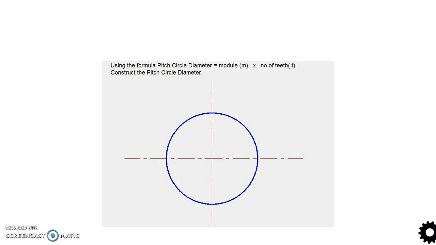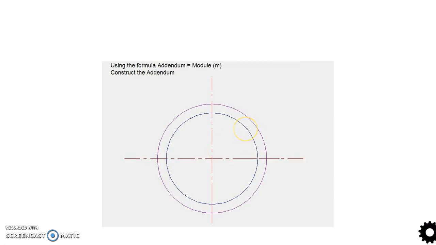So we start by drawing pitch circle, and we know how we determine pitch circle diameter, module into number of teeth, and as we have discussed in the last slide, we have assumed certain values for module as well as number of teeth. So from these two we can determine pitch circle diameter, and half of that is pitch circle radius. So that is how we can draw the pitch circle as seen in this diagram here.